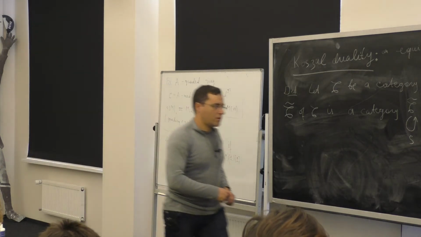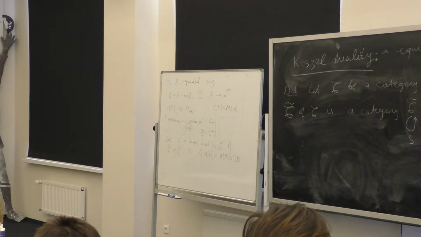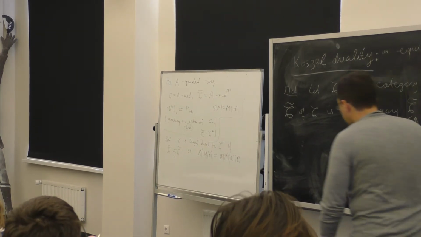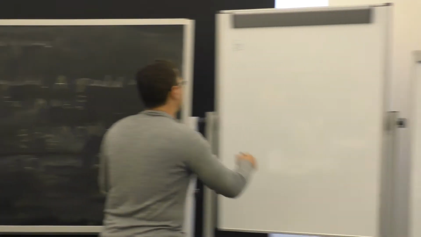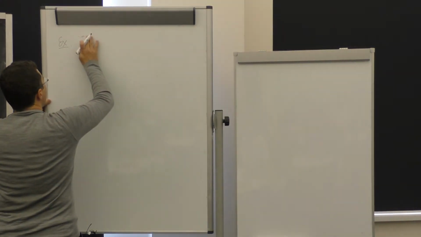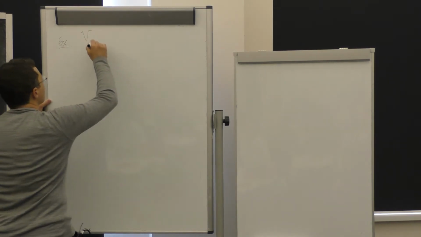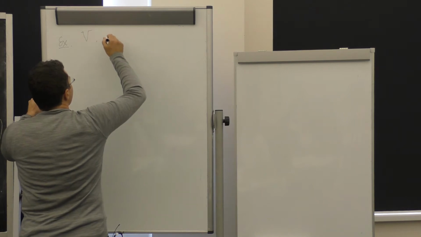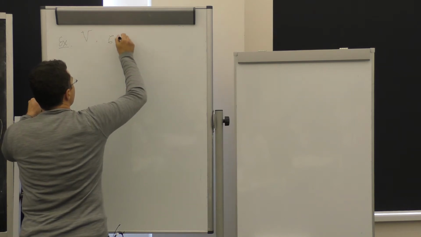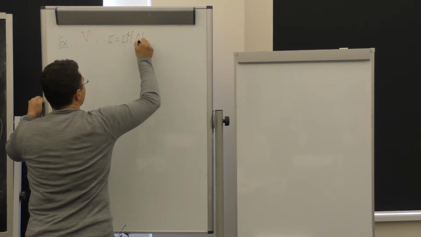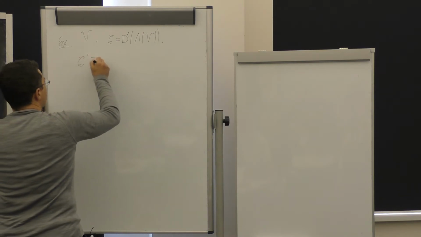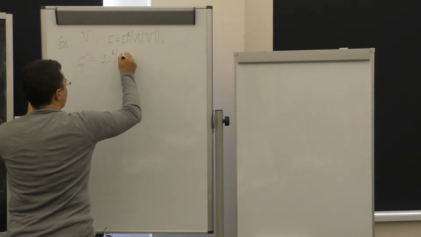So what are the examples of this? The first motivating example is that you have a vector space V, say over a characteristic zero field, and then C is the derived category of modules over the exterior algebra, and C prime is the category of modules of the symmetric algebra of the dual space.